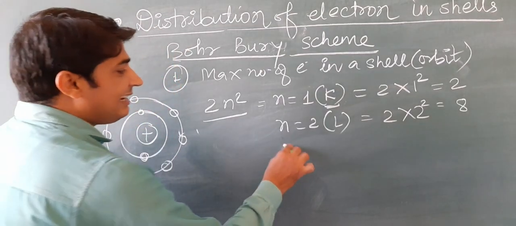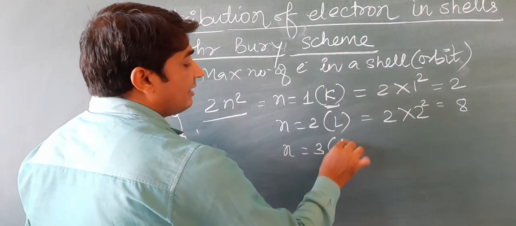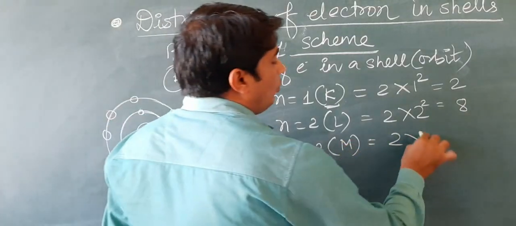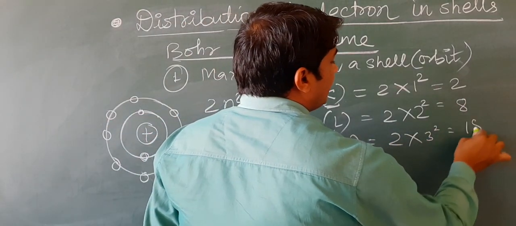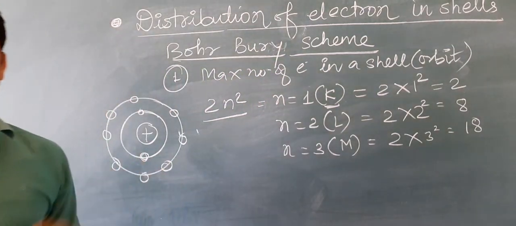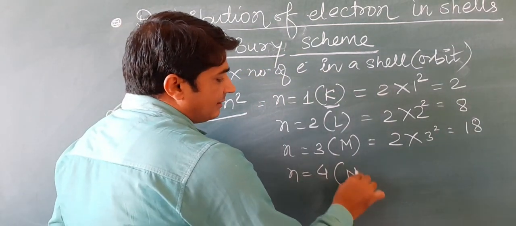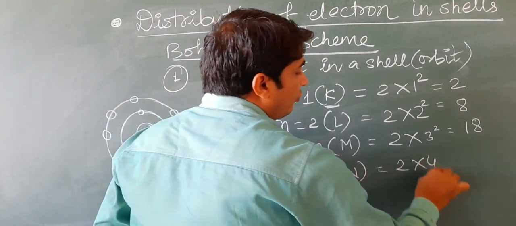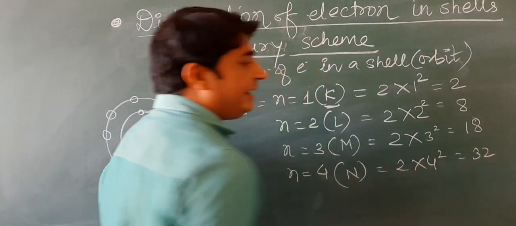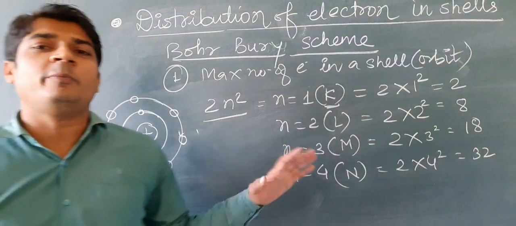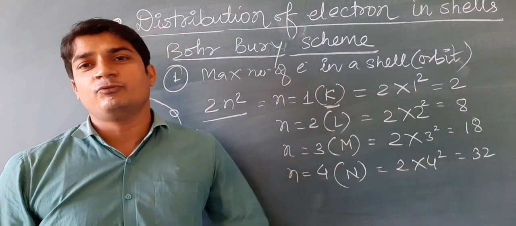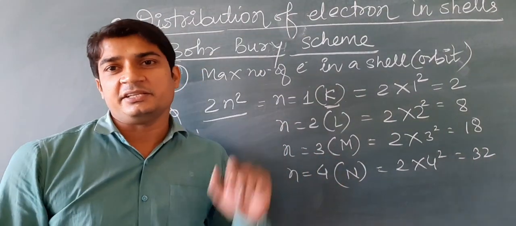In the third cell, n is equal to 3, M cell, 2 into 3 square, maximum 18 electrons can be filled. In the fourth cell, 2 into 4 square, how many maximum electrons? 32 maximum electrons can be filled in the fourth cell, or we can say N cell.